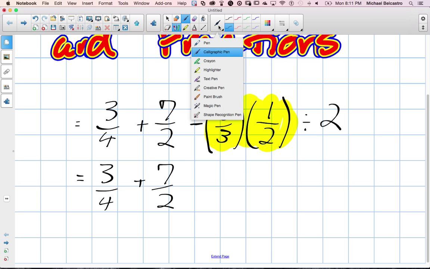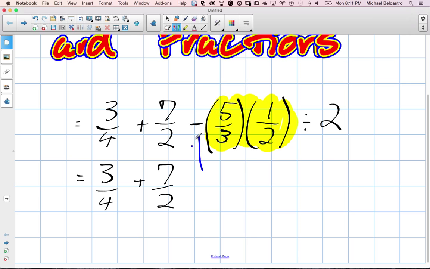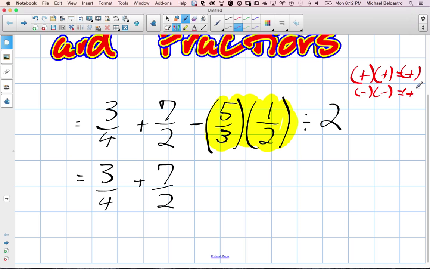Now, it'll actually be easiest if we think of this as negative 5 over 3. The negative can be applied to either the top or the bottom of the fraction, not both. The reason is, when multiplying, a positive times a positive is a positive, a negative times a negative is a positive, and a positive times a negative is a negative.